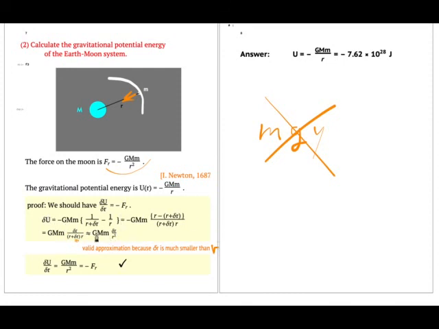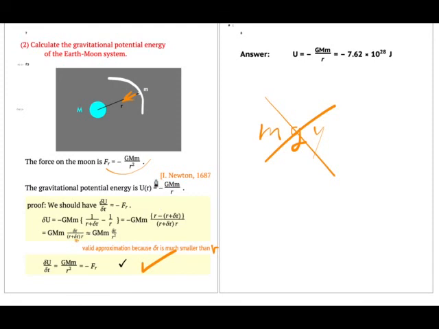Now divide both sides of the equation by delta r. Delta U over delta r, by the calculation, is GMm over r squared. And that should be minus F of r. And it is minus F of r because minus F of r is GMm over r squared.